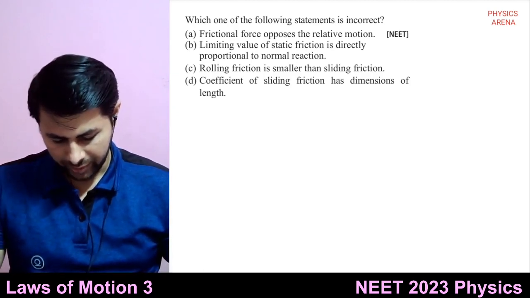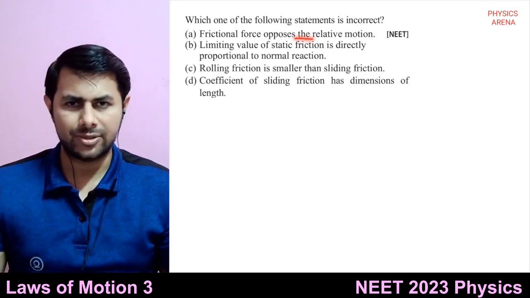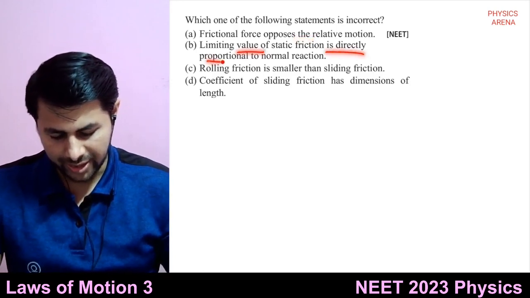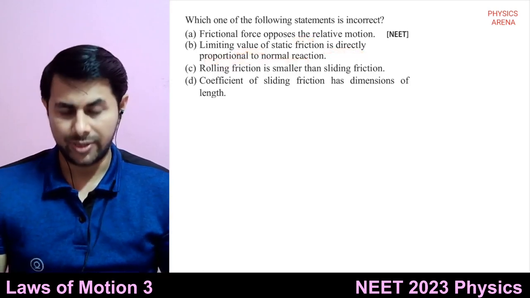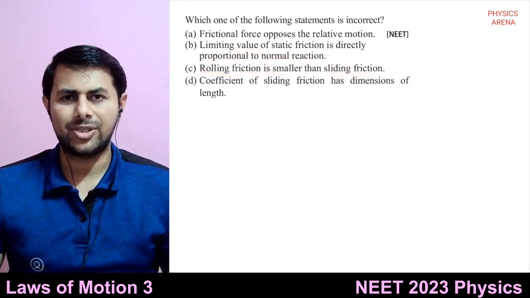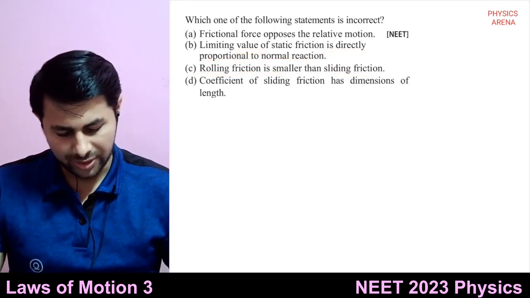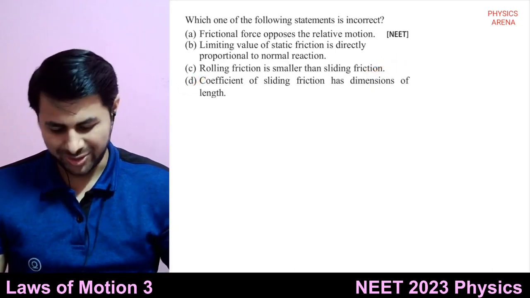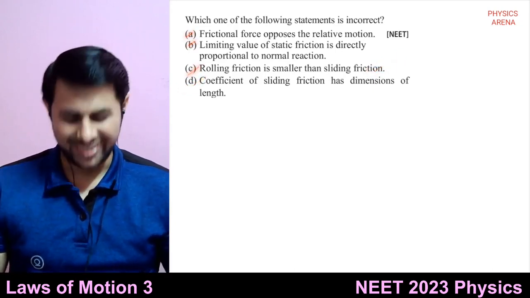So see, frictional force opposes the relative motion. This is true. Limiting value of static friction is directly proportional to the normal reaction. We know this. Rolling friction is smaller than sliding friction. Rolling friction is the least of them, so this is also correct. So this one has to be incorrect, because all the other three are correct.